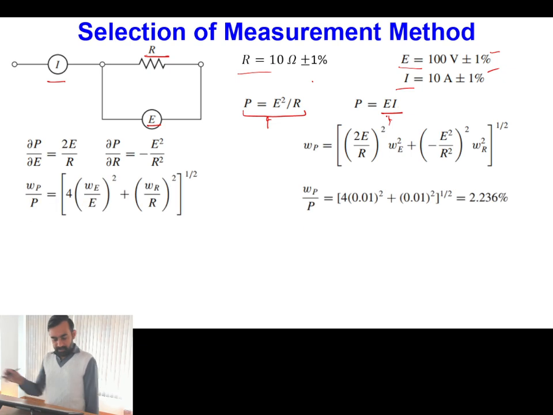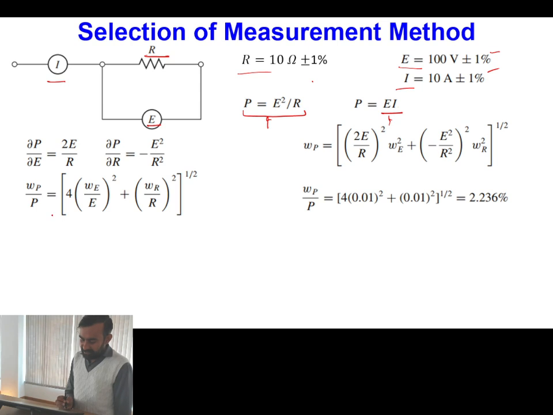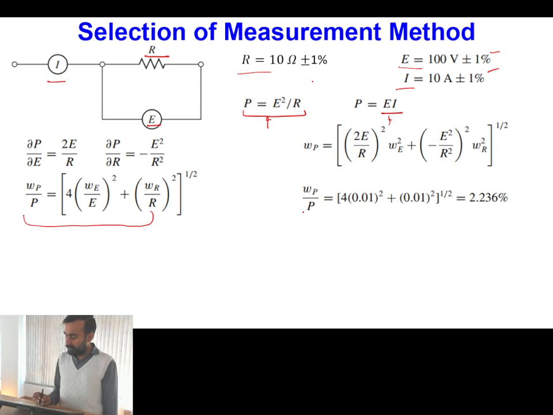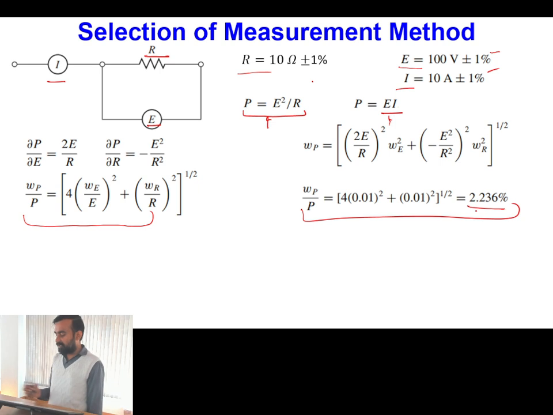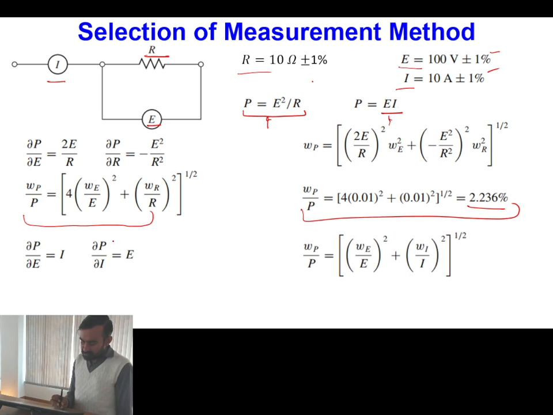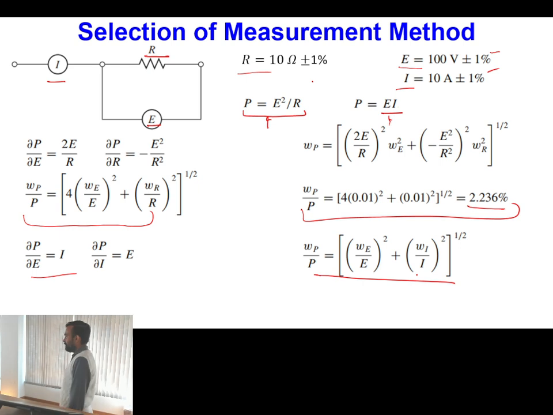So if I calculate with E and R, then this will be my equation for uncertainty, and through this equation I am getting the uncertainty in measurement of power is 2.236%. If I use the second formula, which is power equal to E into I, then this is my uncertainty equation. These are all algebraic manipulations you can do.